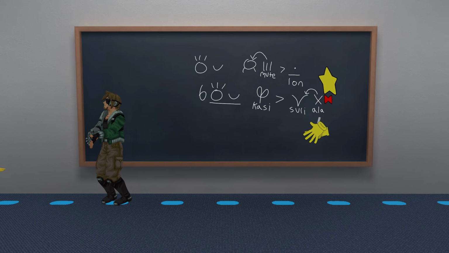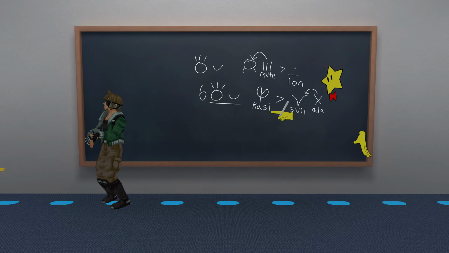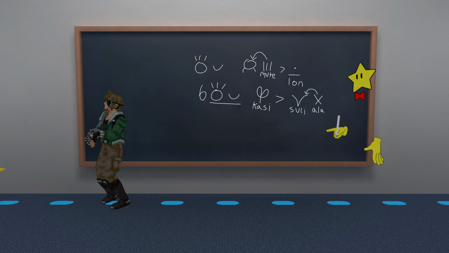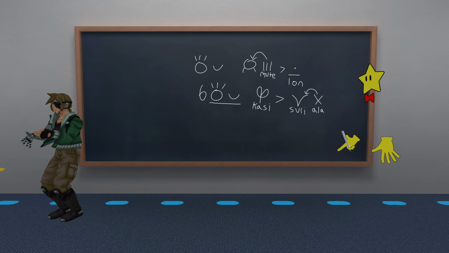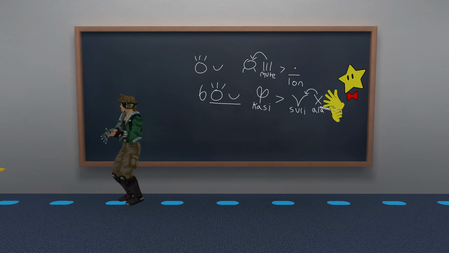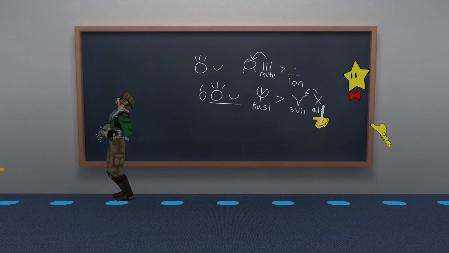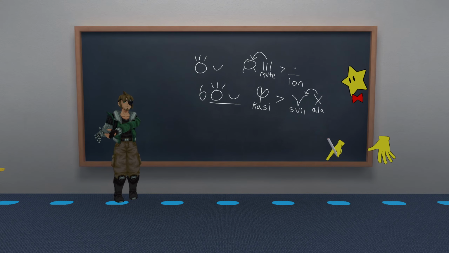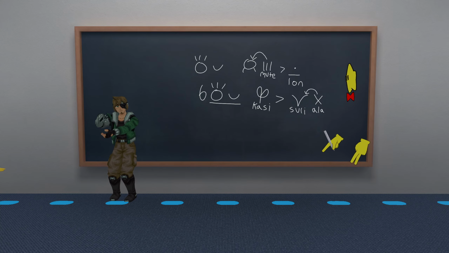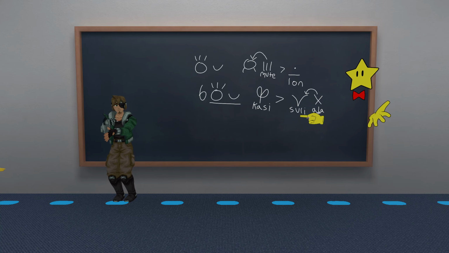And as a modifier of suli, it means not large. So now, kasi li suli ala, the plant is not large. Maybe you're looking at a bunch of trees and you single one out. You go, kasi li suli ala, contrasting it with the rest of the trees.